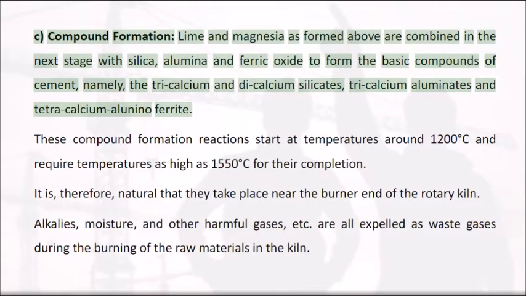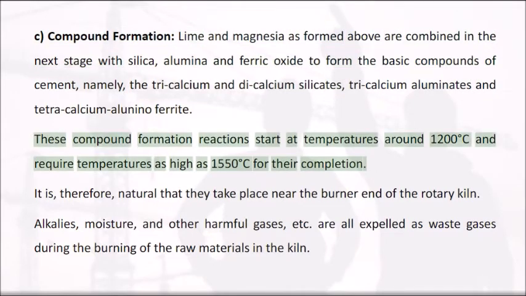C. Compound formation. Lime and magnesia as formed above are combined in the next stage with silica, alumina, and ferric oxide to form the basic compounds of cement, namely, the tricalcium and dicalcium silicates, tricalcium aluminate and tetracalcium aluminoferrite.